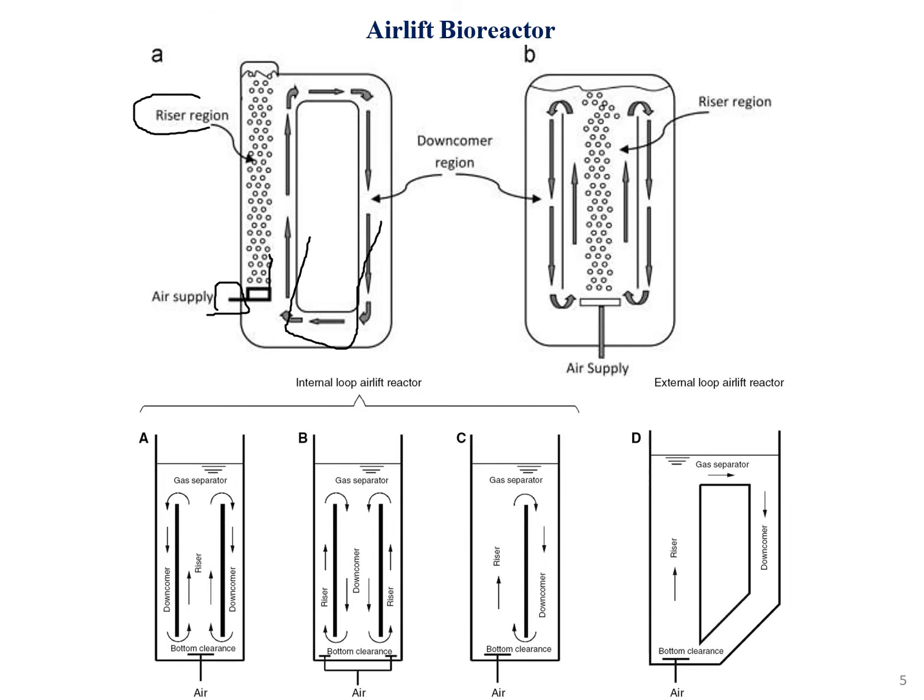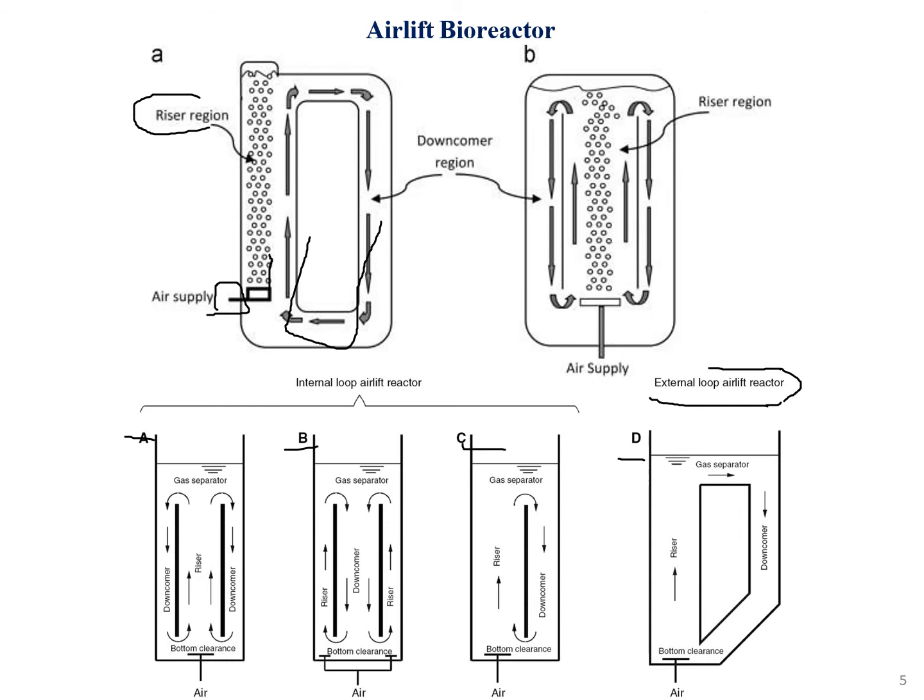As you can see, the arrows are moving through the help of the air supply. As you can see in pictures A, B, C and D, it has a proper air supply. With that, it regulates the bioreactor mixture throughout the system so that it can be mixed properly without the use of impellers, propellers, or stirrers. This is what the airlift bioreactor means to us.